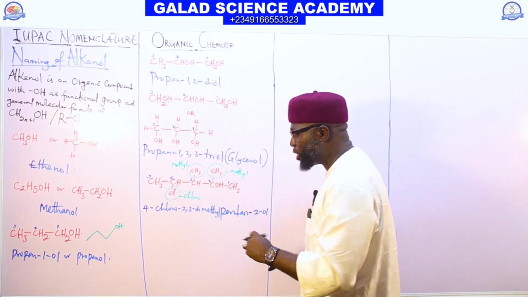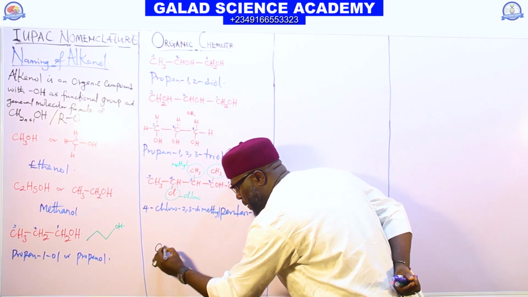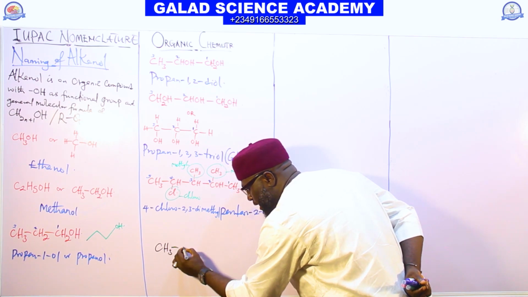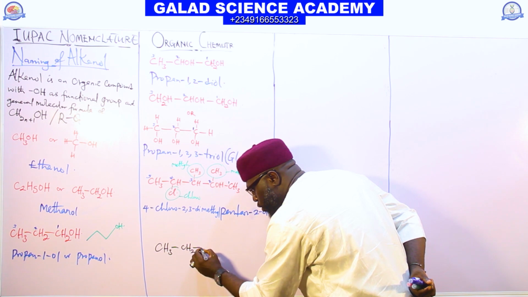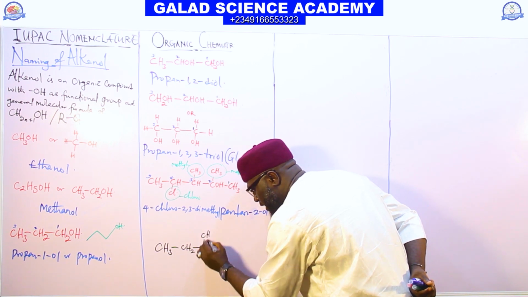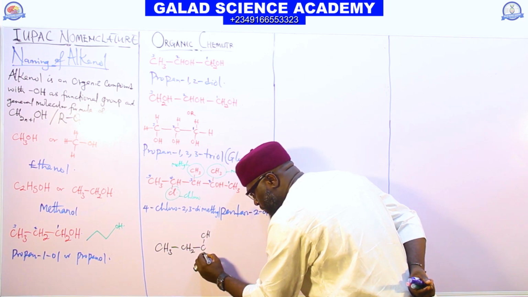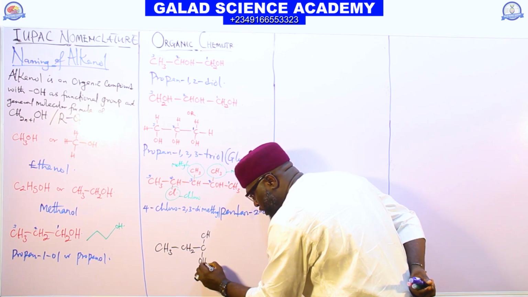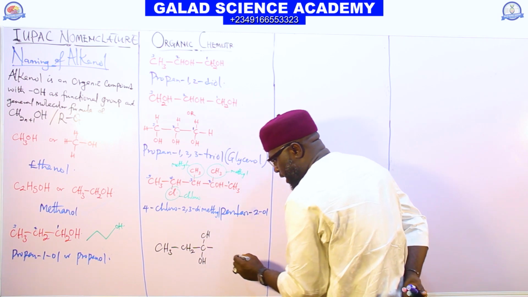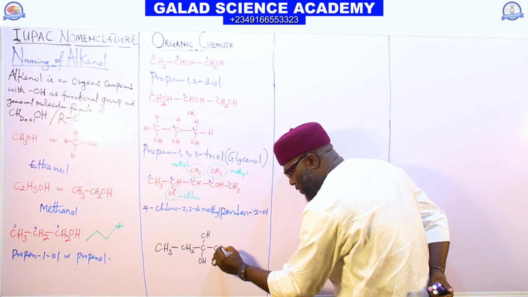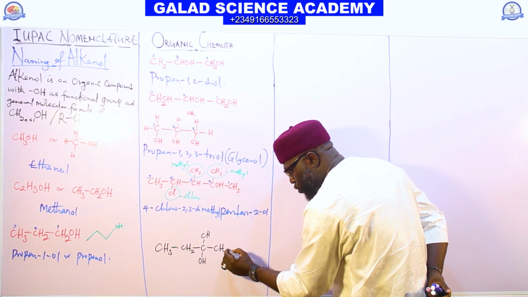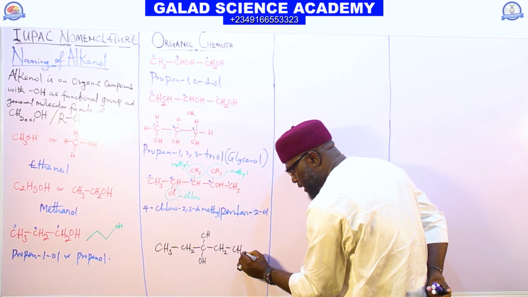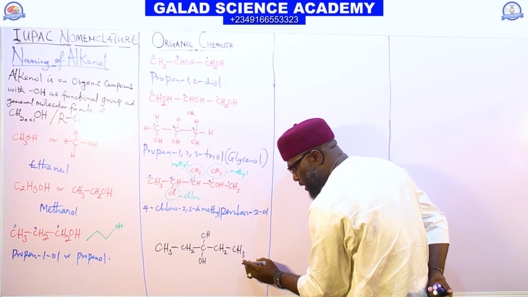Take this and tell me the answer in the comment section. A compound of CH3, CH2, we have CH3, we have OH, we have CH2, CH3 here.